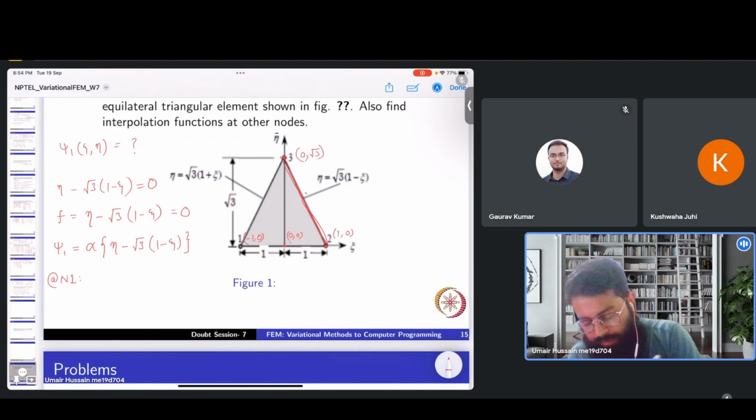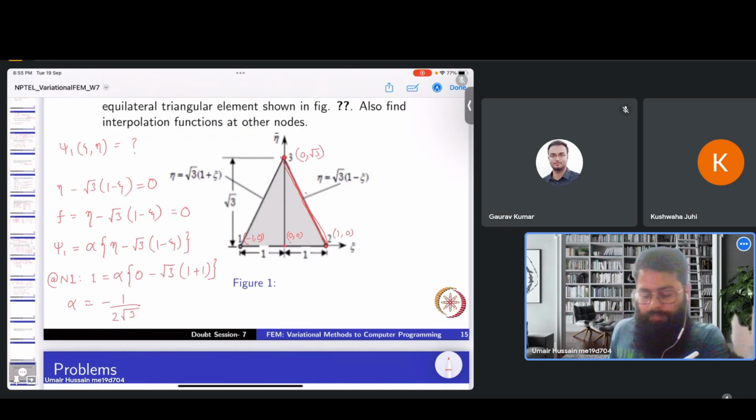So at node 1, psi 1 should be equal to 1, and here eta is 0, minus root 3 into (1 minus (minus 1)), that will be 1 plus 1. So your alpha is equal to minus 1 upon 2 root 3.